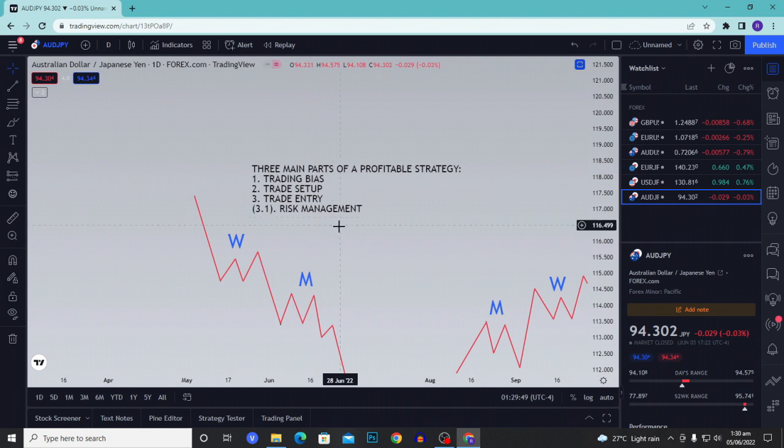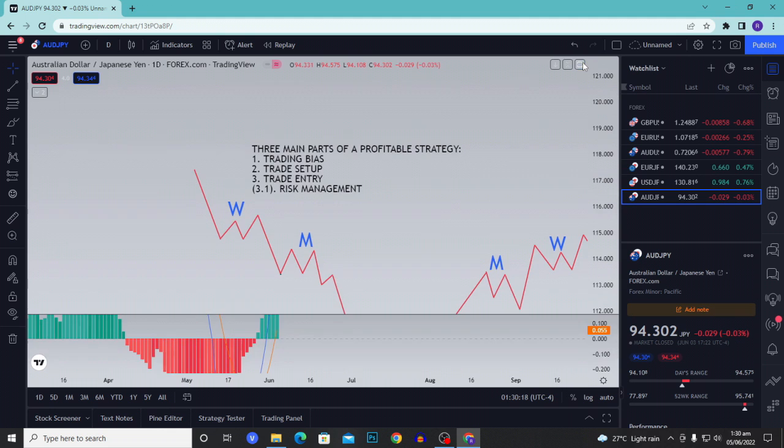Like for example, for the W trading setups, we use both the exponential moving averages and the MACD, which is the moving average convergence divergence indicator, which I think I explained in a different video, not so sure, but it's this indicator right here.